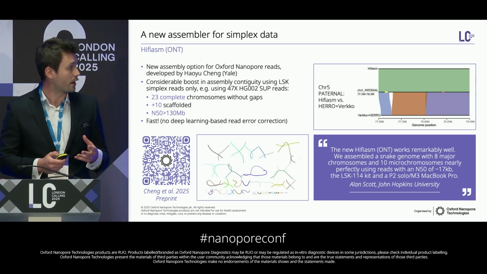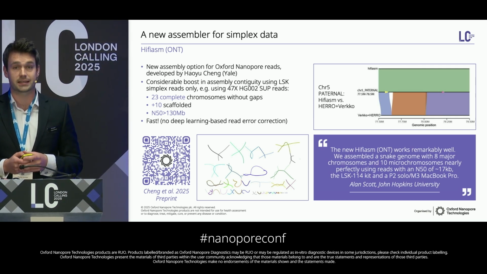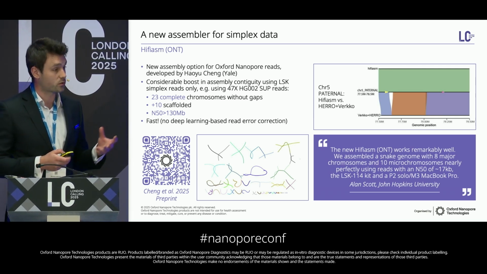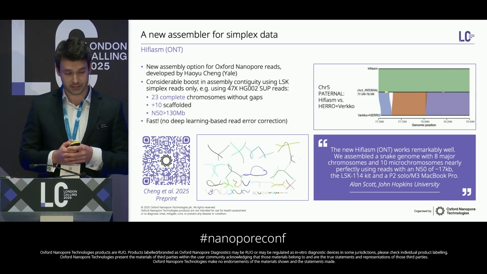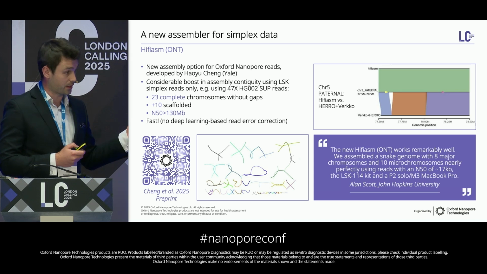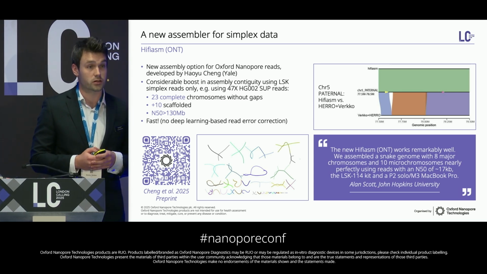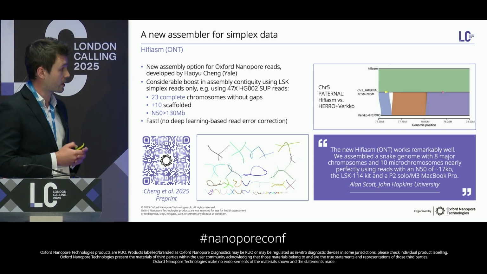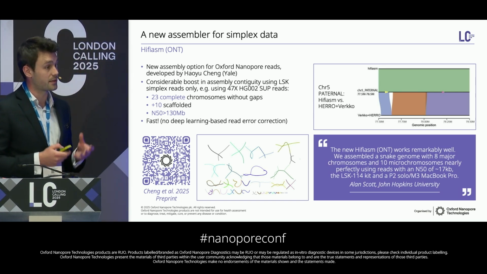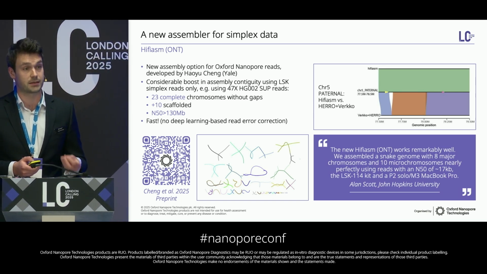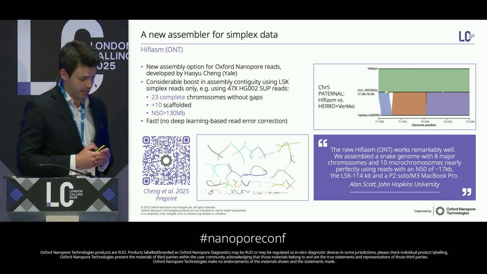So to put some numbers behind that, from a 50x dataset of human reads, we can get 23 chromosomes assembled completely without gaps, 10 more chromosomes scaffolded, and for this assembly, which is from the preprint, the N50s were over 130 megabases. So that's really coming up to what we were getting before using ultralong and Hero, with the added benefit that this is incredibly fast because we don't have that deep learning-based read error correction step.